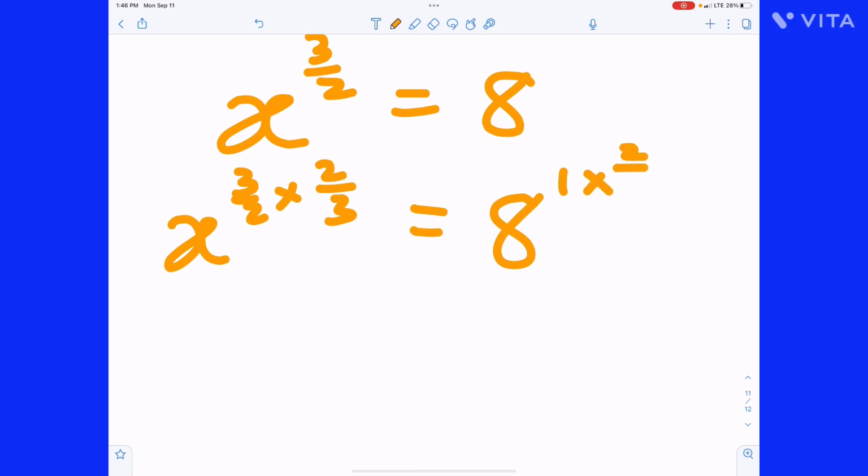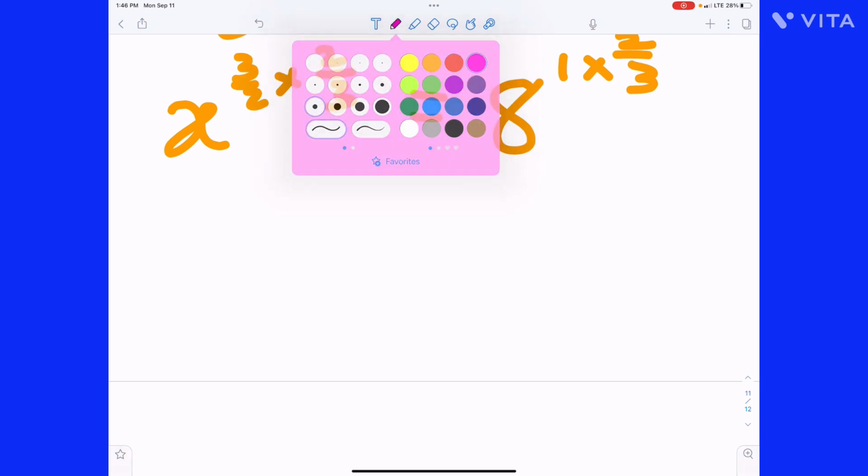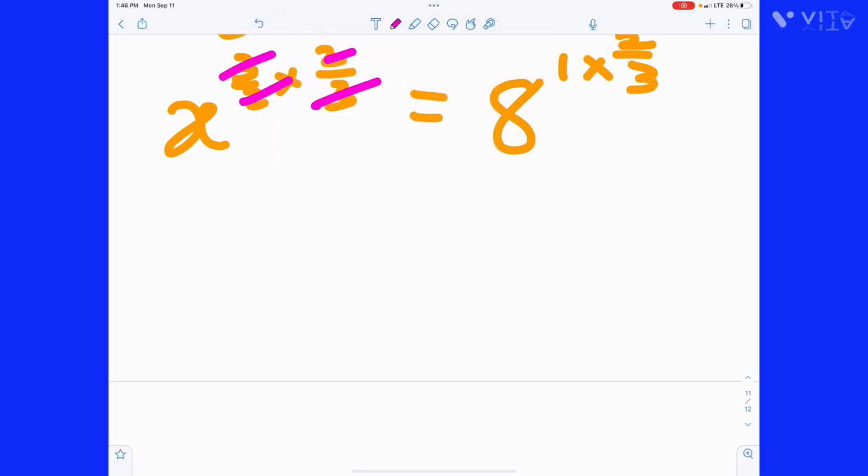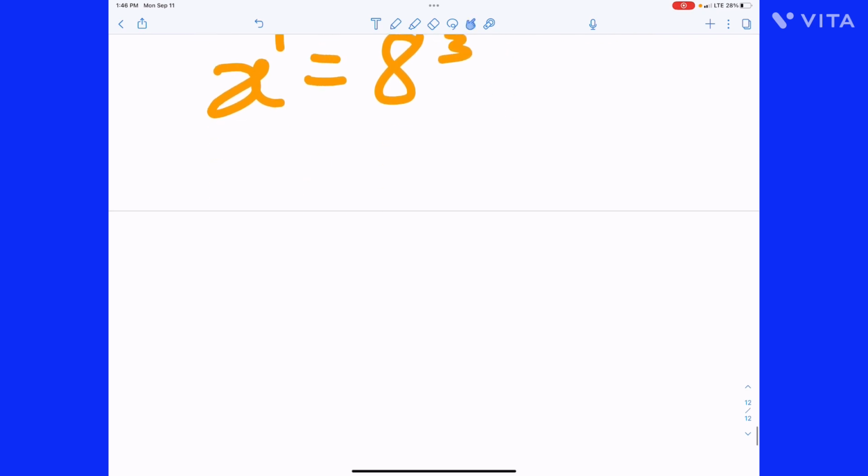I want to use reciprocals to simplify. 2 over 3. So what does that give you? That gives you 3 cut 3, 2 cut 2. So you have x raised to power 1 left on the left, then 8 raised to power 2 over 3 on the right.